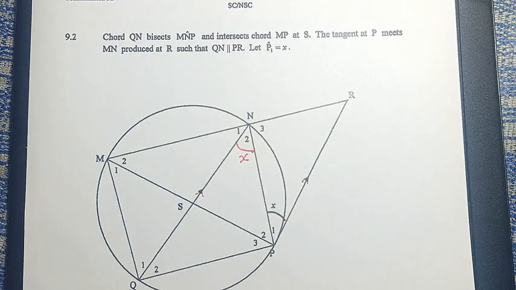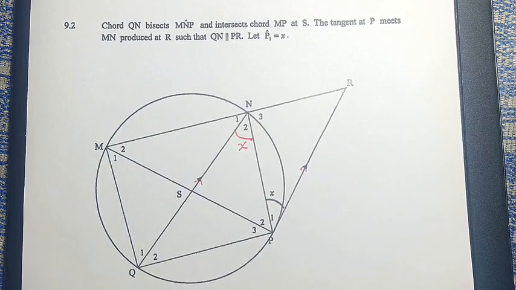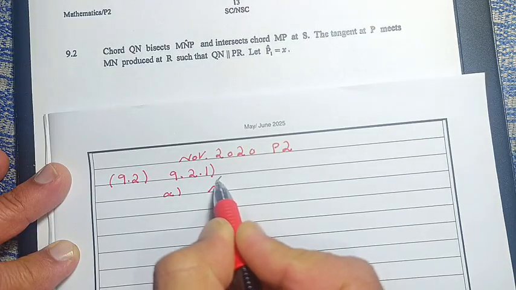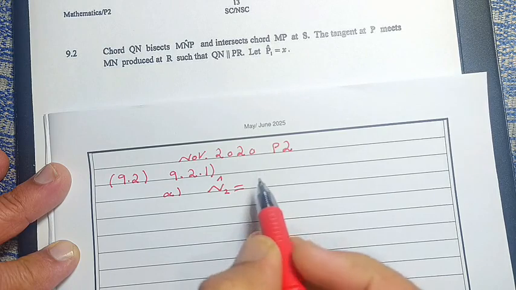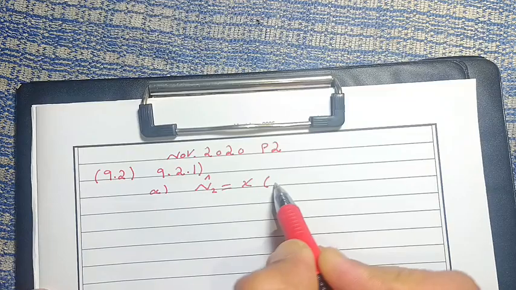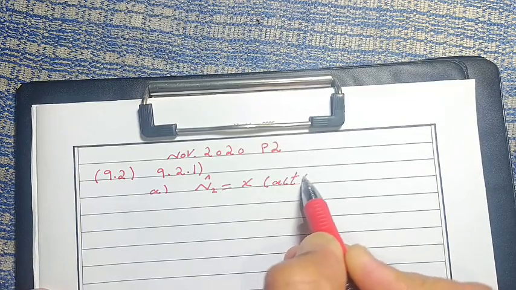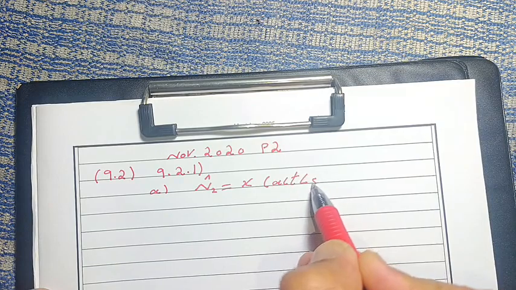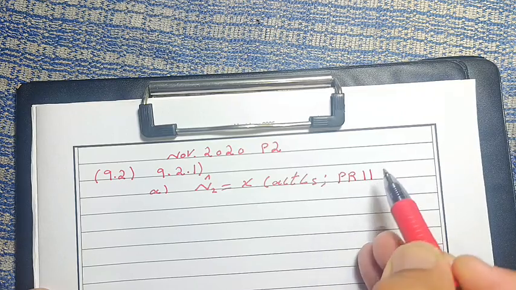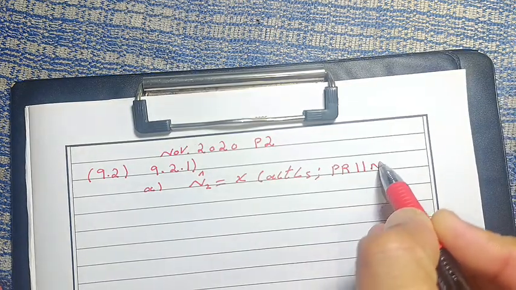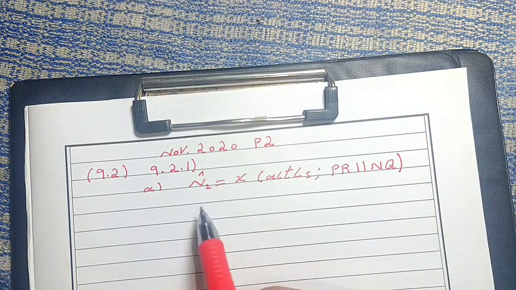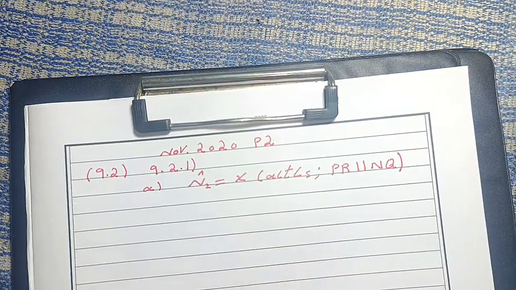So angle N2 is equal to x, and the reason is alternate angles, PR parallel to NQ. This is my first answer.